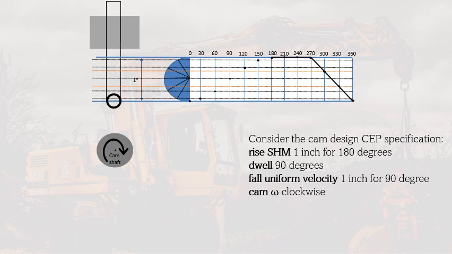So it intersects the 330 as well as the curve. I noted it in orange so that it will not confuse us later on in drawing the cam profile. So this now represents the complete displacement diagram for the CEP specification.